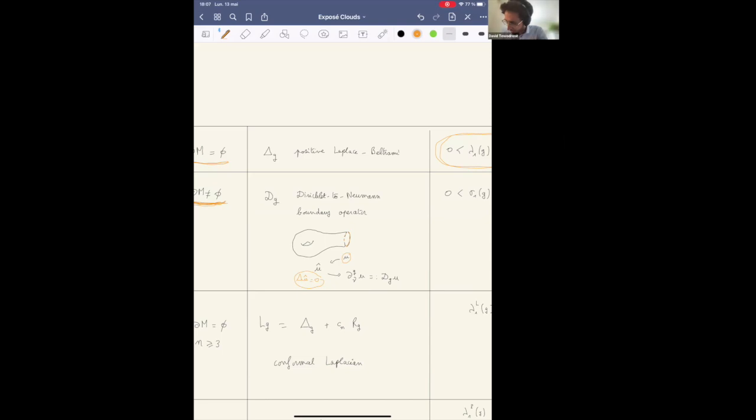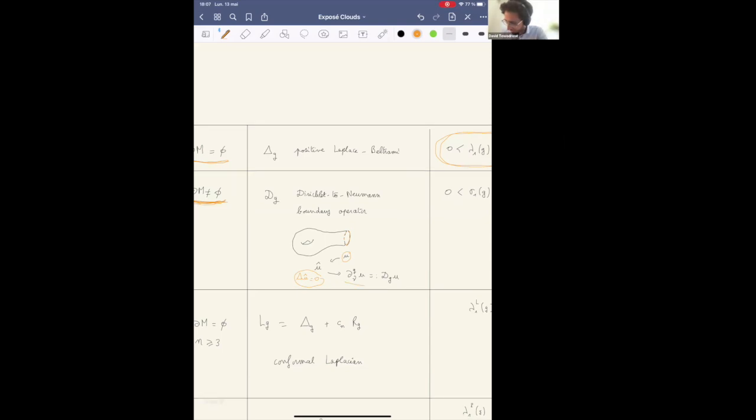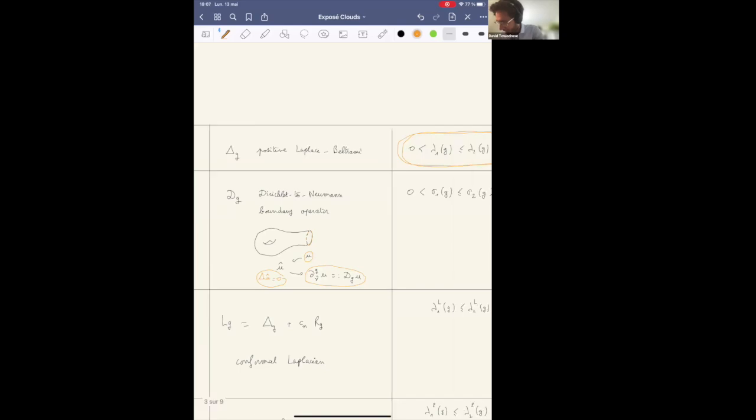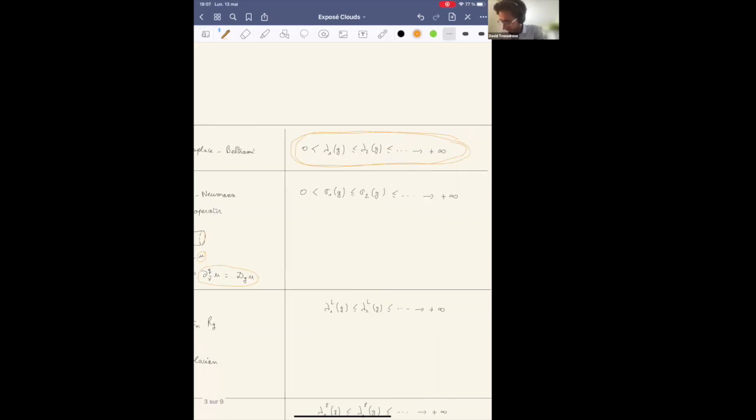Then you take the normal derivative of û at the boundary, and this defines the Dirichlet-to-Neumann operator. You can show that this operator admits a discrete spectrum, made of nonnegative numbers, converging to plus infinity.